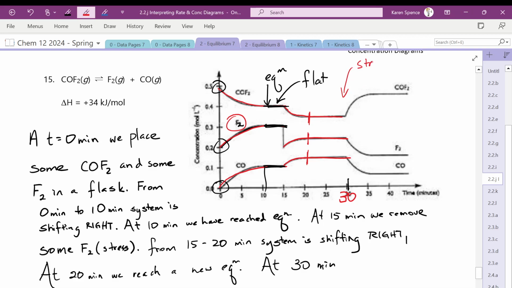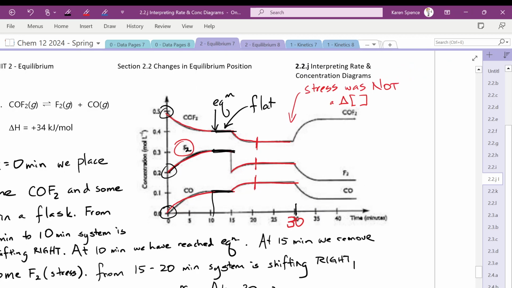Okay, so the stress was not a change in concentration, because you cannot have a shift without a stress. Otherwise, if there was no stress, the equilibrium would be like, hey, I'm at equilibrium, just hanging out here. Equilibriuming. Yes? So there had to have been a stress, but the stress was not a change in concentration because we would see a spike.